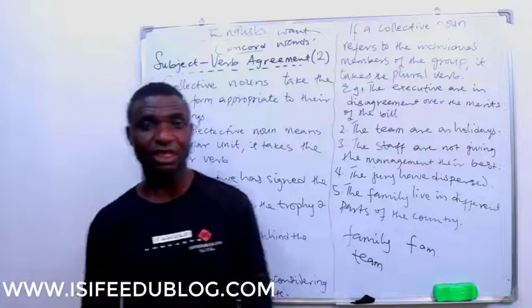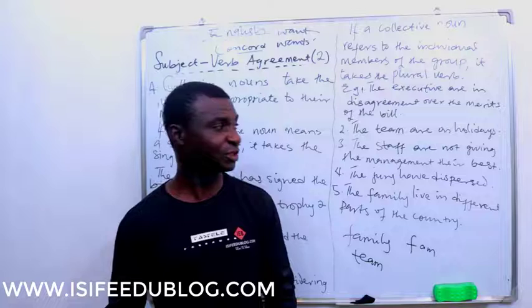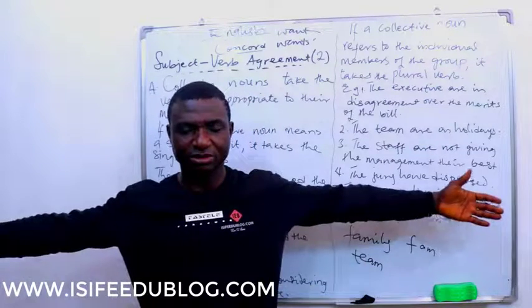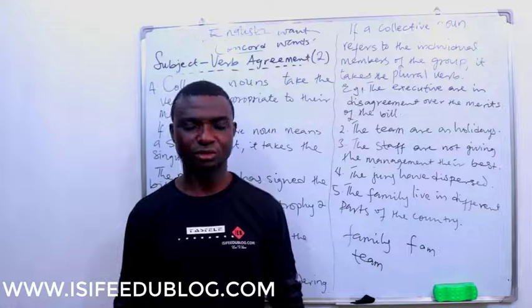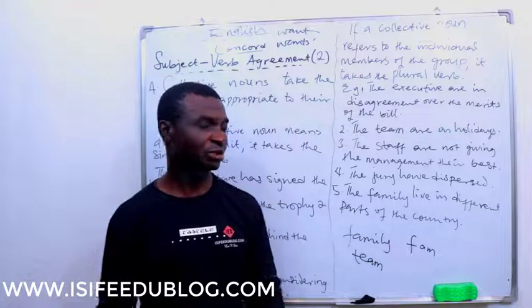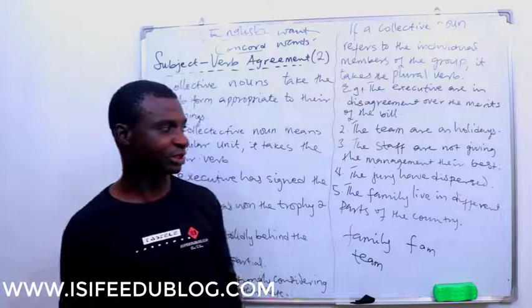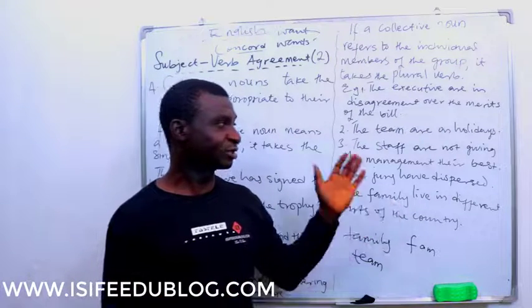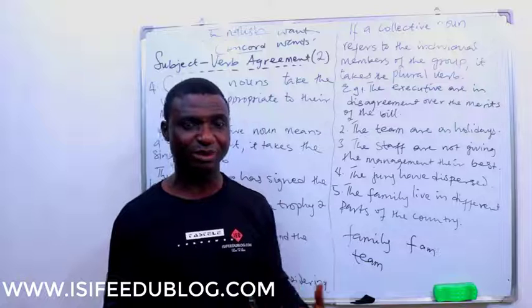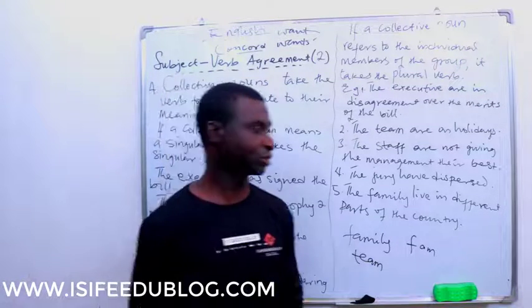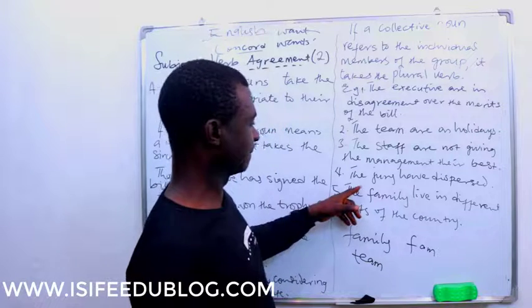Again, it is not a collective thing. Individual members of staff are not doing what they should do. Not the staff as a single unit. There might still be 2, 3, 4 persons among members of staff that are doing what they should do. Is that understood?